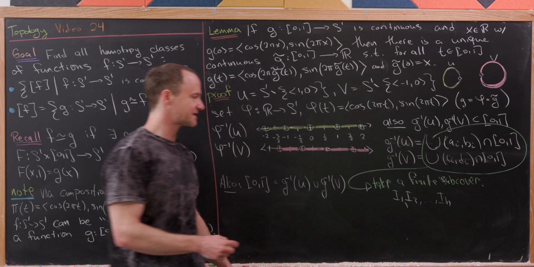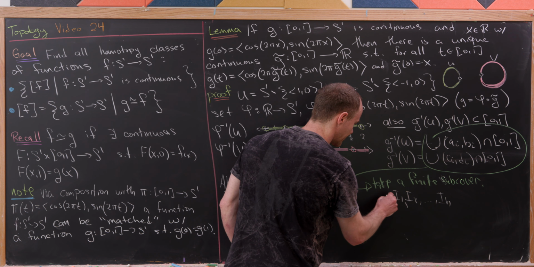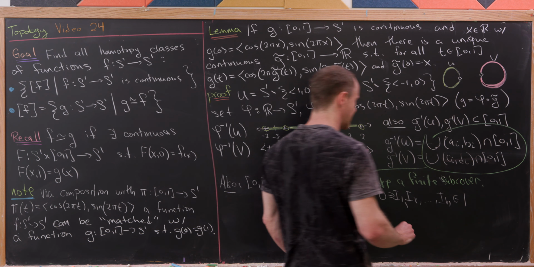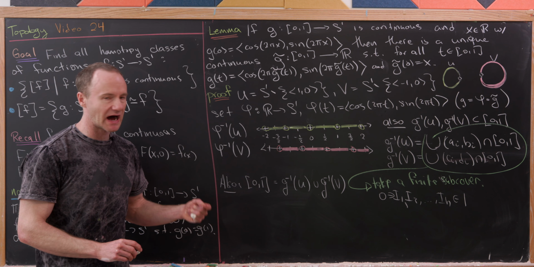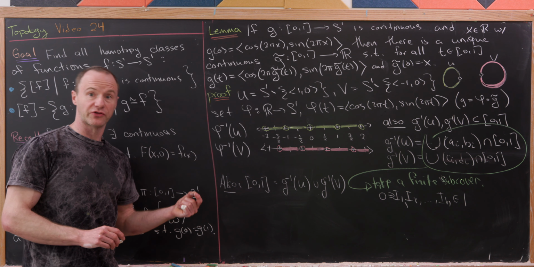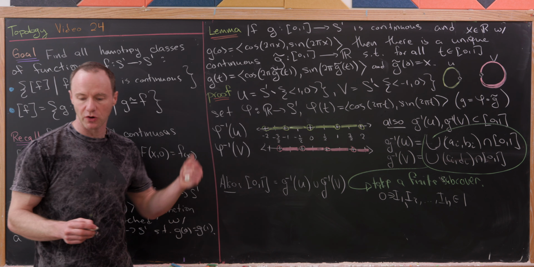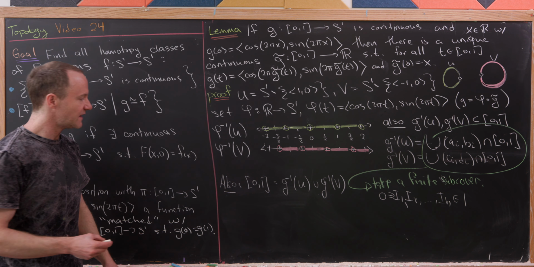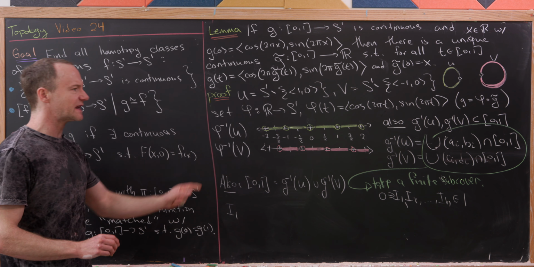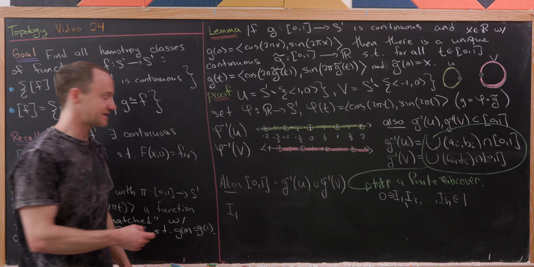Then let's take this subcover and order it so that the number 0 is in I1 and the number 1 is in IN. And then I2 is between I1 and IN, and I3 is between I2 and IN, and so on and so forth. Then we can write down a form for all of these, renaming our a's and b's as necessary.